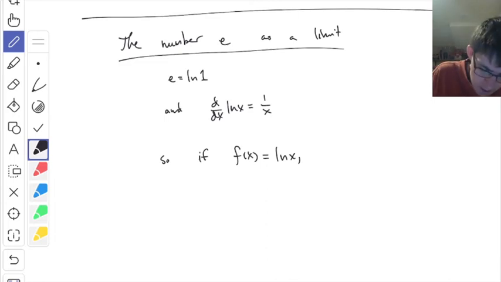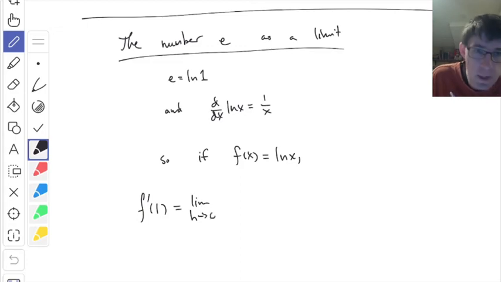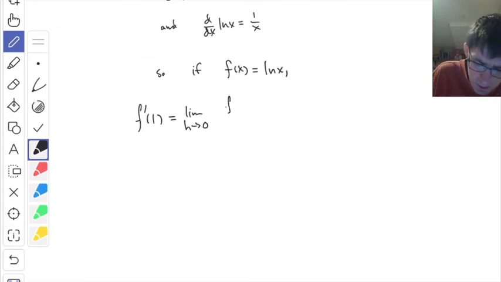This is something that we are not going to do perhaps ever again in this class, and this is something that you learned once to do, but then you more or less immediately learned how to do the derivative in easier ways. But I hope you remember at least that there is a formula like this. The derivative f prime of 1 is the limit as h goes to 0 of f of 1 plus h minus f of 1, over h.